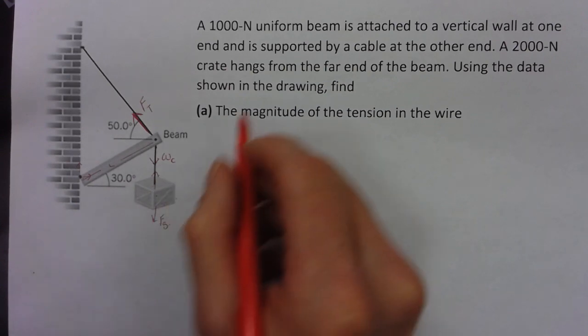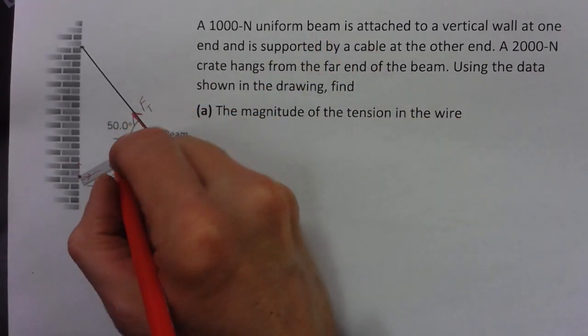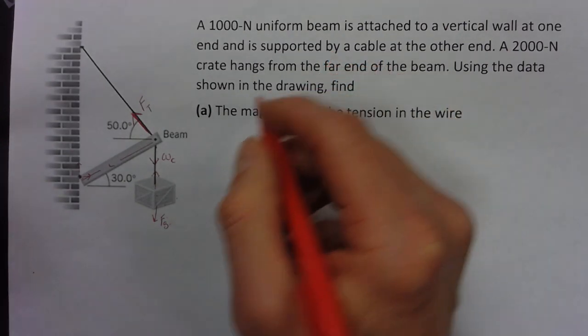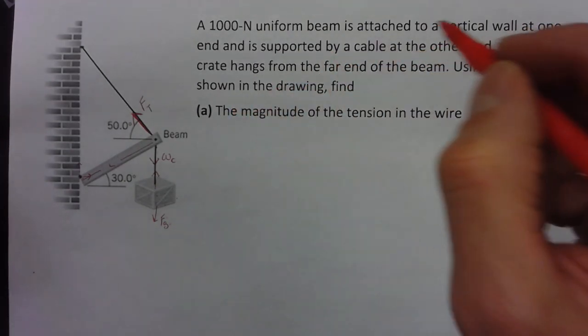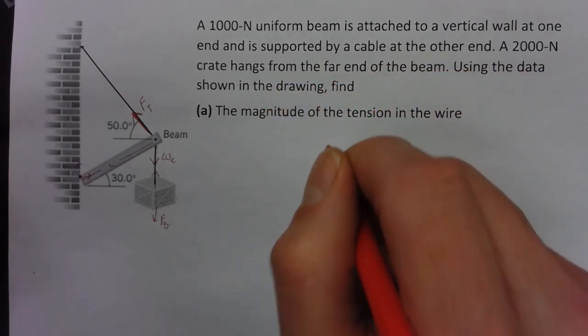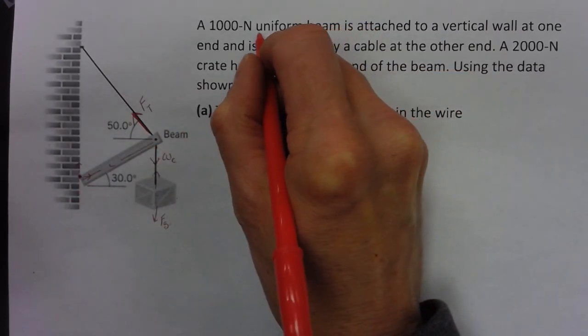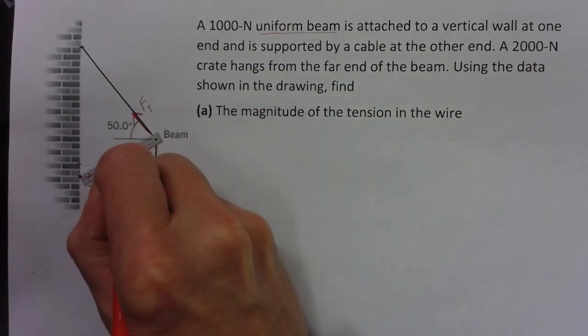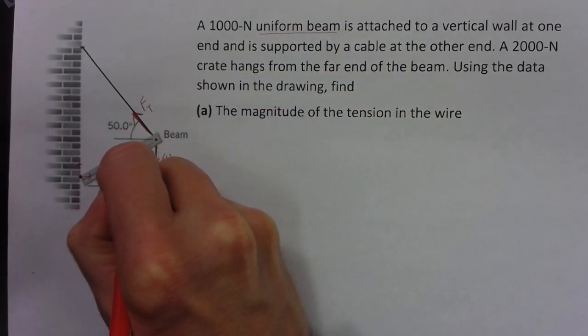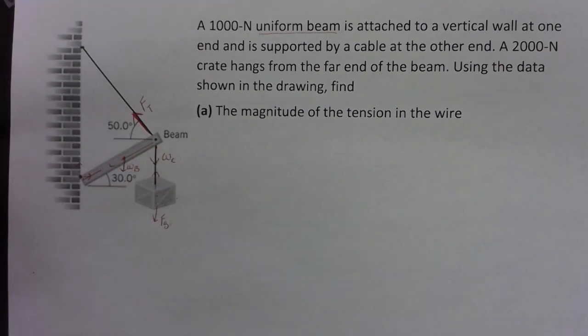There's another force. The beam itself has mass. Now that torque due to the weight of the beam is going to act at the beam's center of gravity, and since this is a uniform beam, its center of gravity is in its center. So that's the weight of the beam right there.